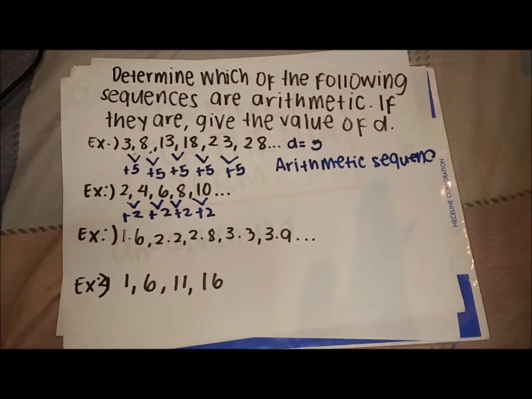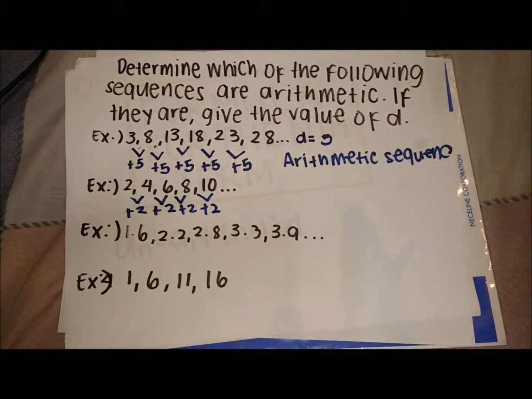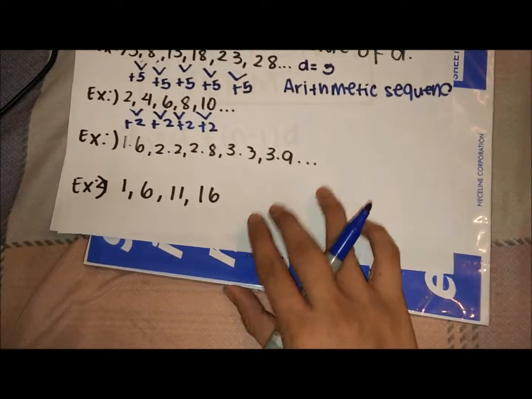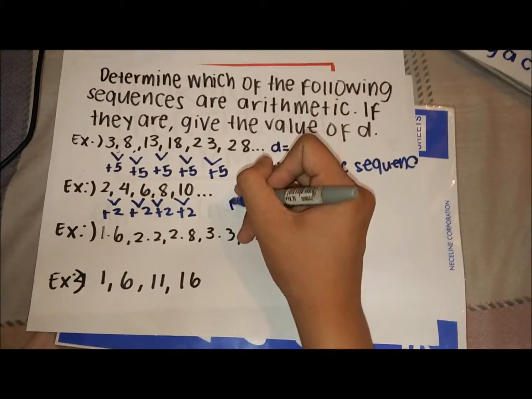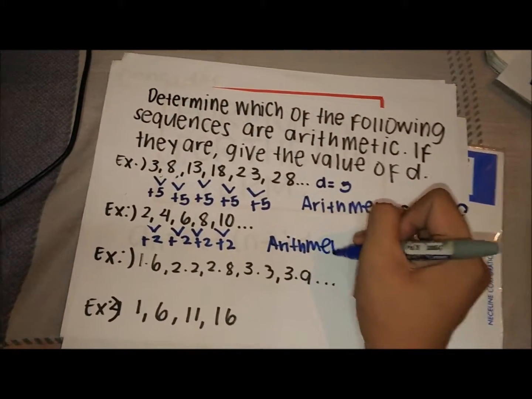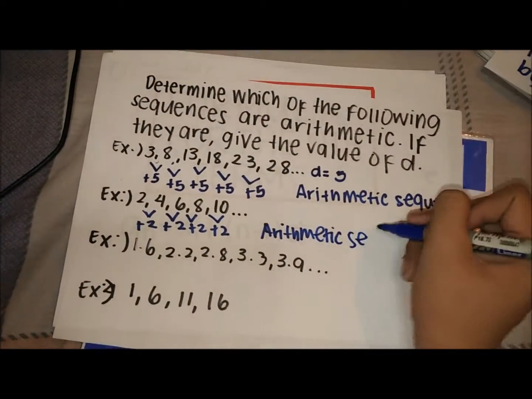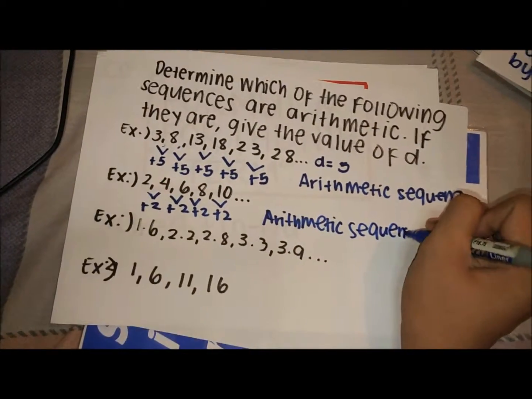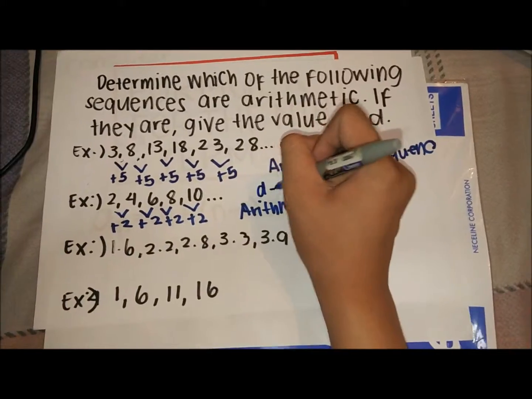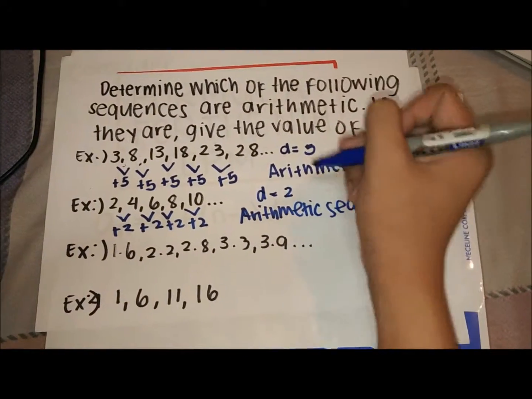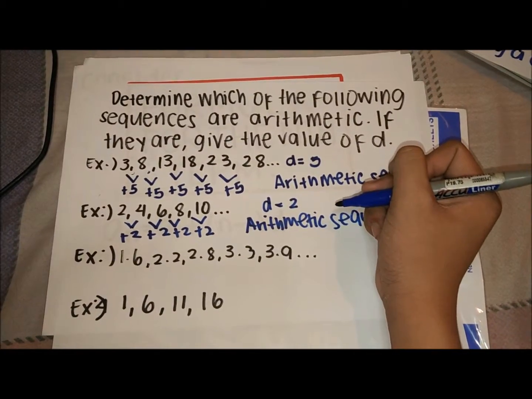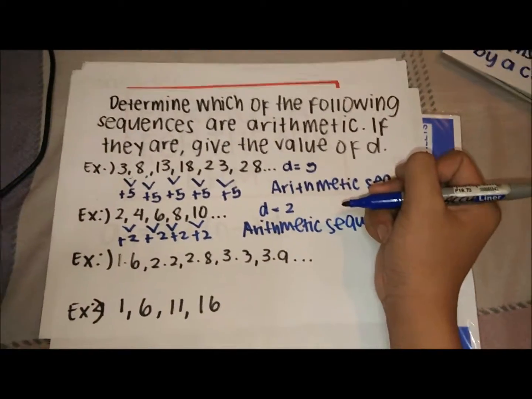Assuming that this pattern goes on and on, we can say that this indeed is an arithmetic sequence with a common difference of 2, which you'll need to add to get the other terms.